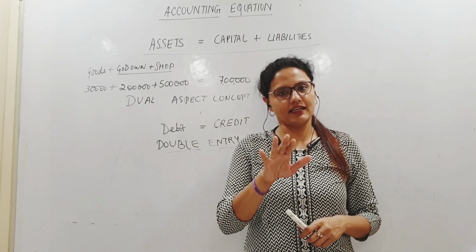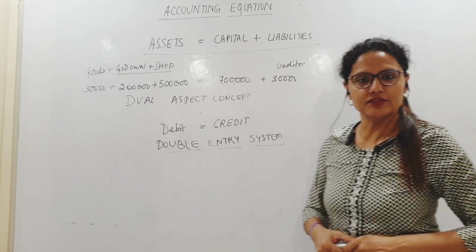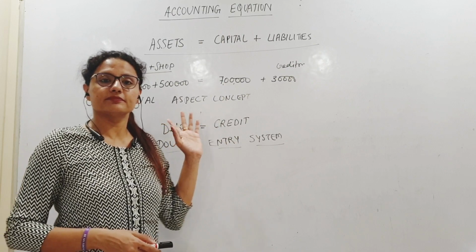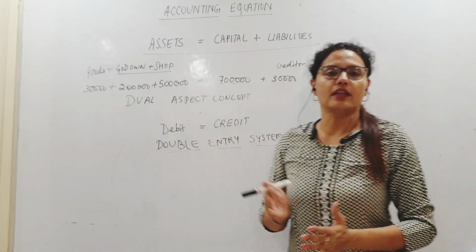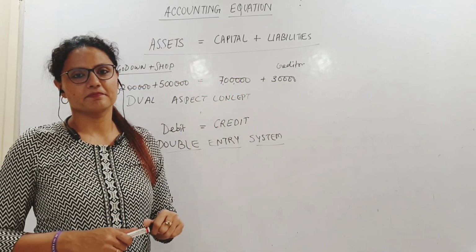So till that time it's always double entry system. So are you clear what is the double entry system? It's the system of accounting based on the dual aspect of debit and credit, where every debit has an equal and corresponding credit.